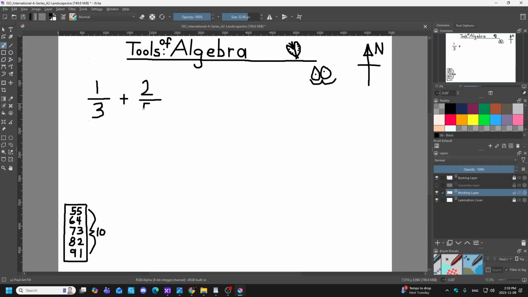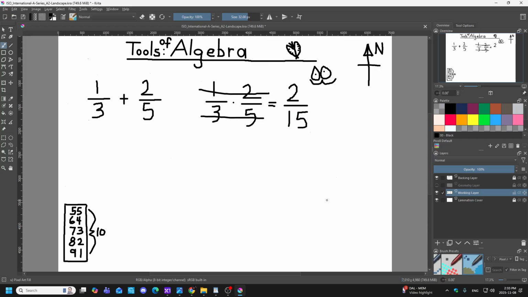Now recall, when you're multiplying fractions, even dividing, it is so easy. With multiplication, all we need to do is straight multiply the numerator and straight multiply the denominator.